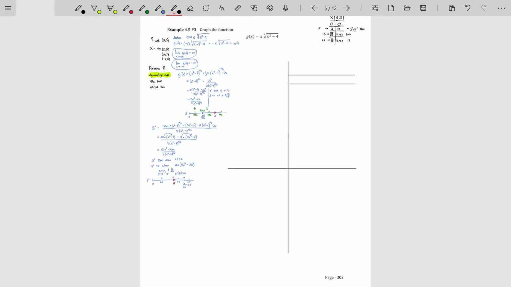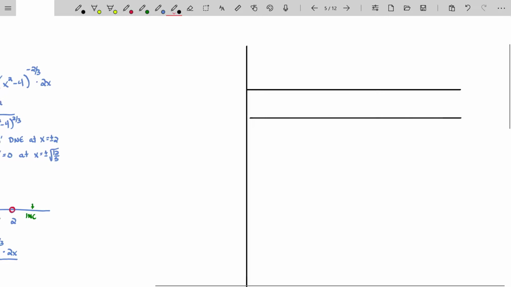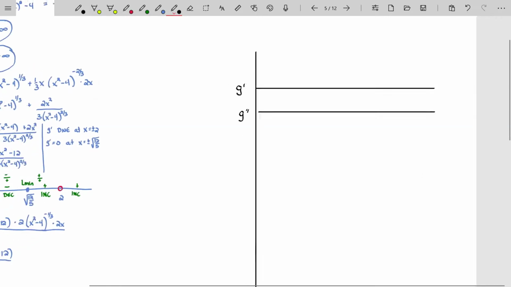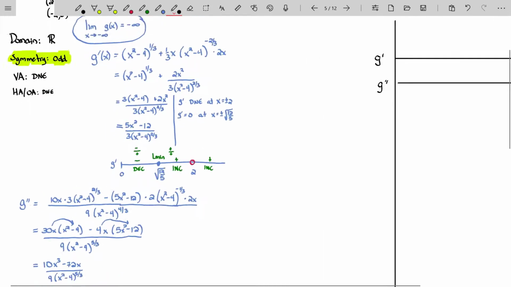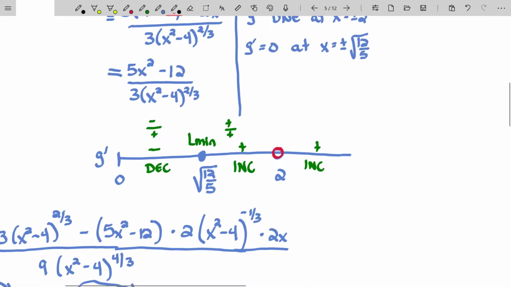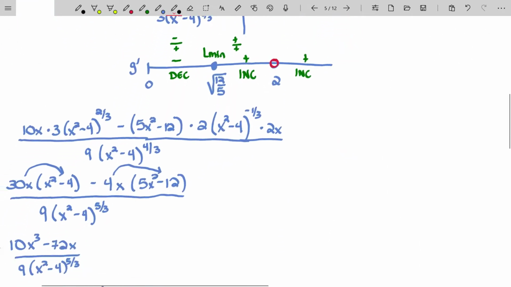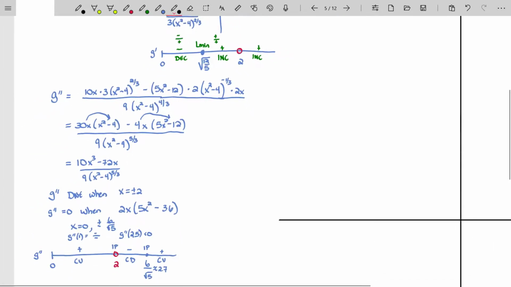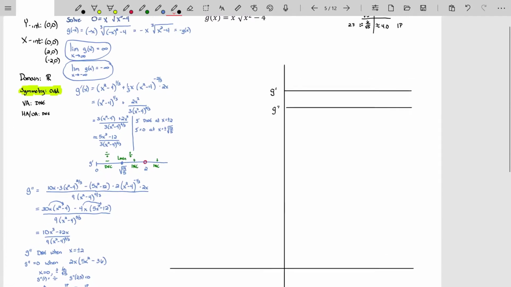So this is kind of the base setup that I do here. I'll label the top horizontal line g prime, and the second line g double prime. So let me label this g prime and this g double prime. And then I will place on those lines these numbers, root 12 over 5 and 2, and the other one, 2 and 6 over root 5. So let's go ahead and do that.